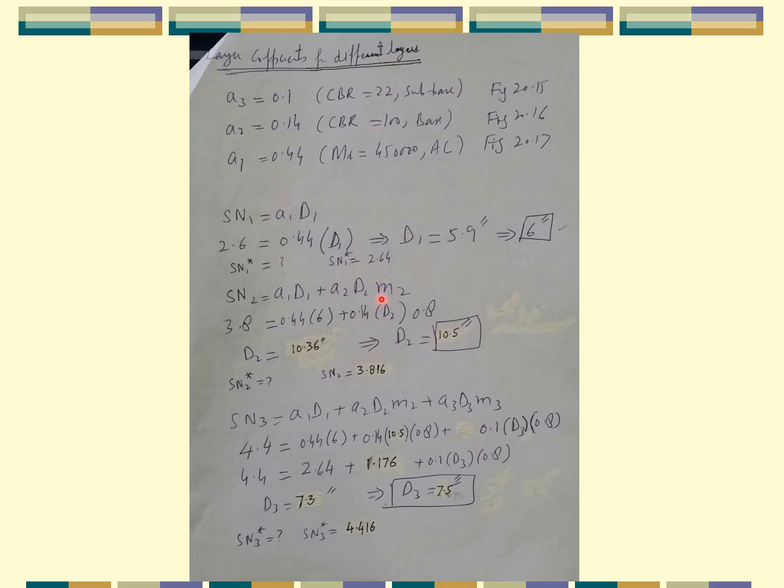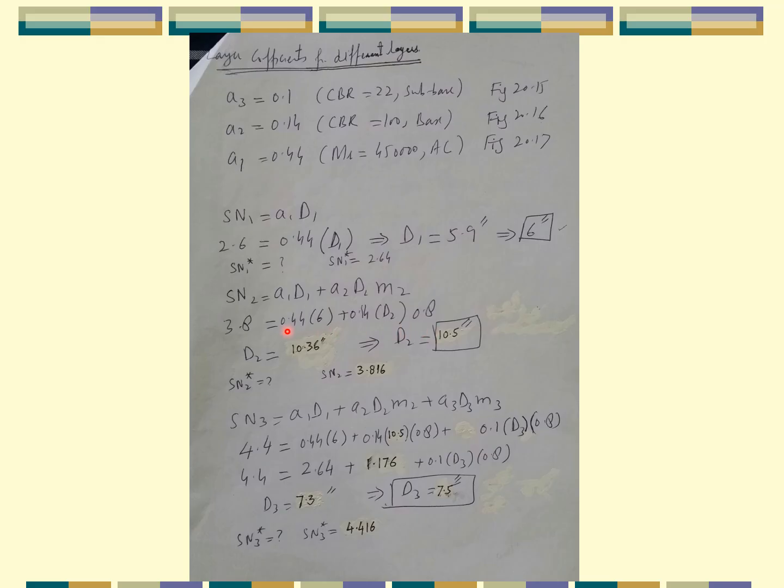That's okay. Then use the other equation, this one, and plug in the value 3.8 for SN2, 0.44, and the 6 value that you have got for D1, 0.14, this is D2, and M2, that is for the base material, 0.8.